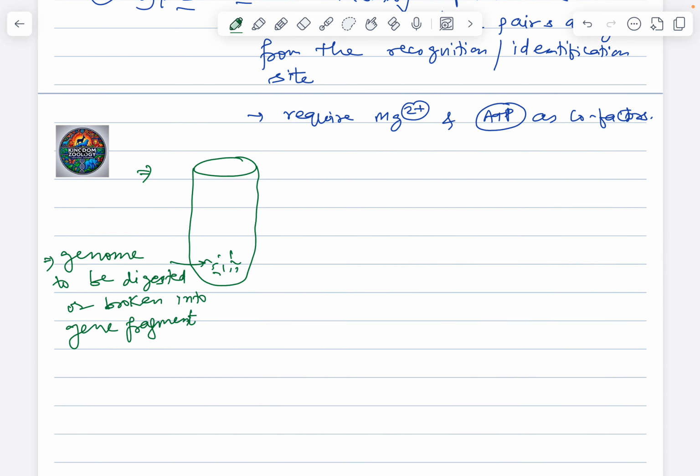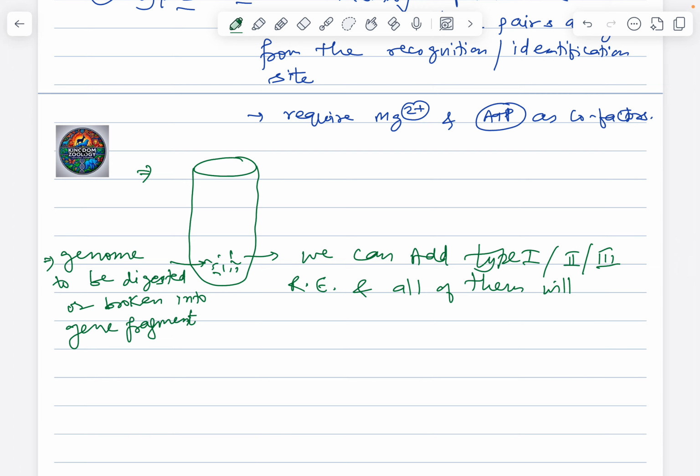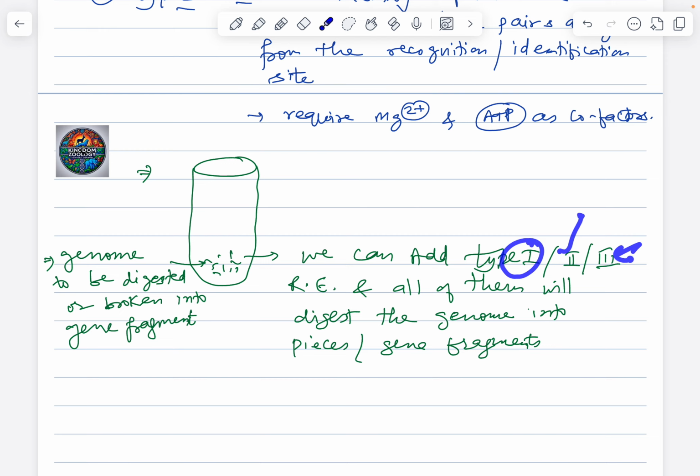So if this is a genome to be digested or broken into gene fragments, we can add type 1, 2, or 3 restriction endonucleases, and all of them will digest the genome into pieces or gene fragments by attaching to the genome on the recognition sites or palindromes and cutting wherever they want, within the palindromic site, far from it, close to it.